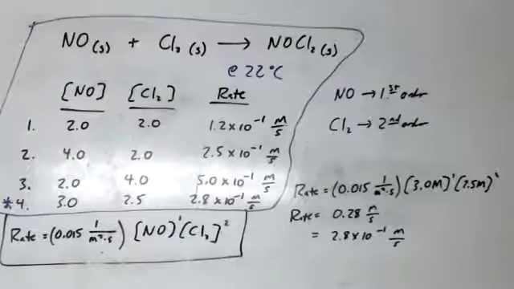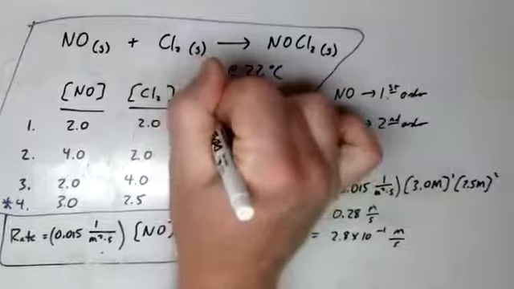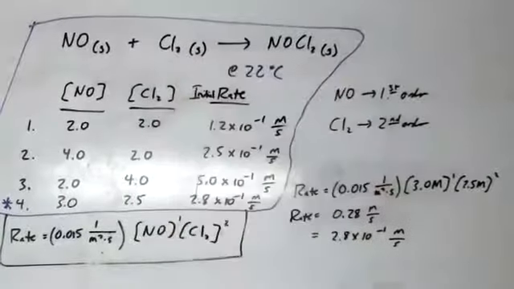So really, when we talk about rates here, it may not be explicitly stated, but what we're always saying is initial rate. This is the rate at time 0, the rate that occurs when the reaction is just beginning.